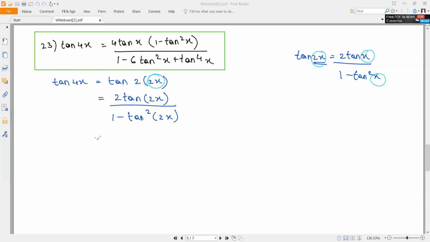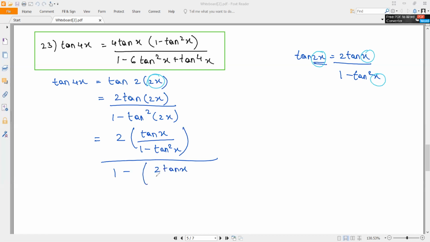All you have to do is apply the tan 2x formula again. So this is 2 times tan x upon 1 minus tan square x, upon 1 minus 2 tan x upon 1 minus tan square x whole square.